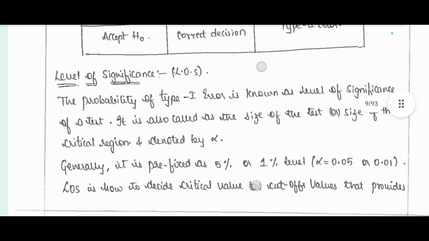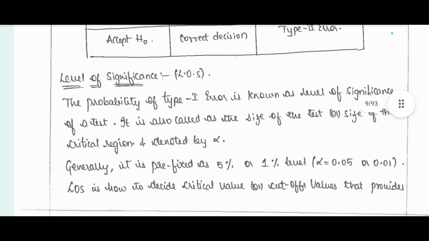Next, let's see some more definitions of the level of significance. The probability of type 1 error is known as the level of significance of a test. It is also called the size of the test and the size of the critical region, which is denoted by alpha.